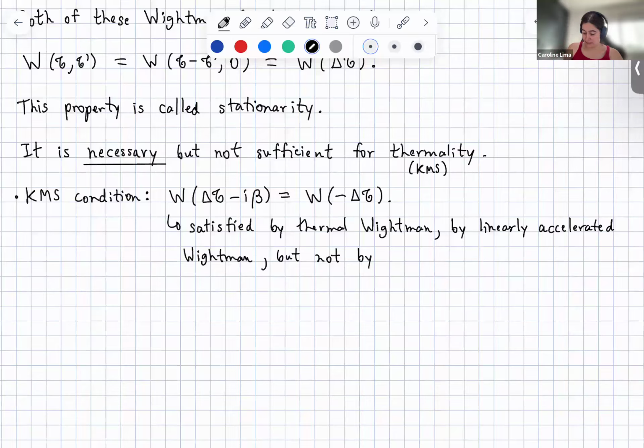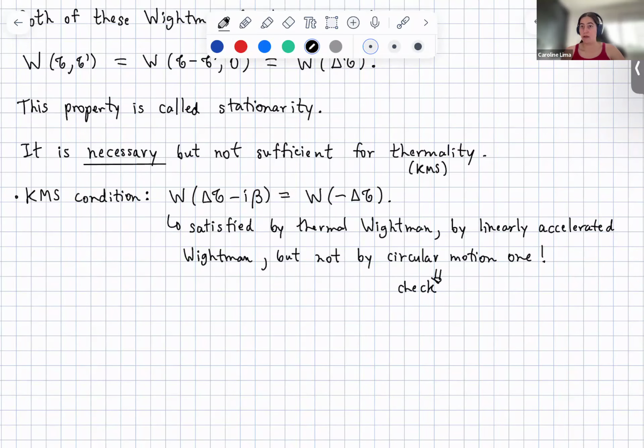It's not satisfied by the circular motion one. And I would say check this information, right? Do not just accept it, you can check this later.